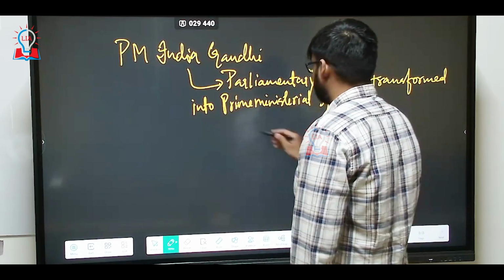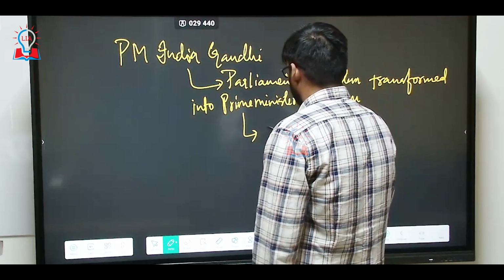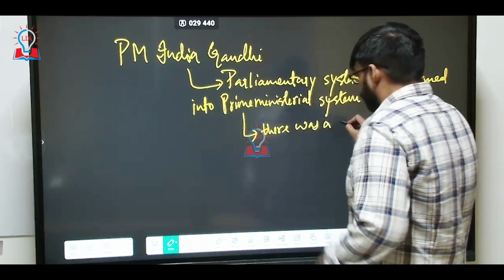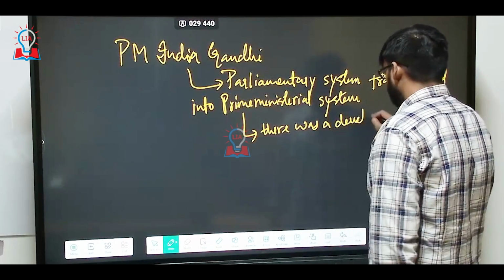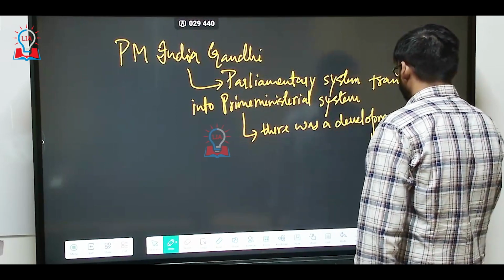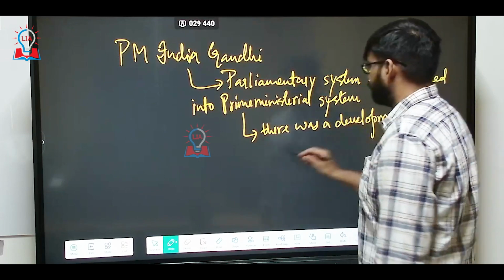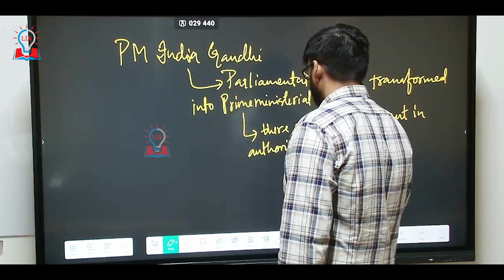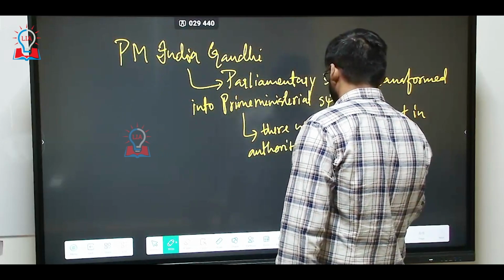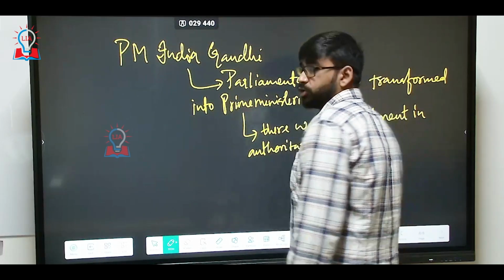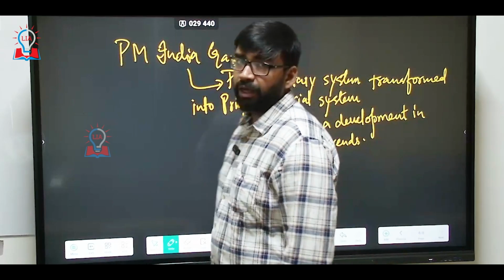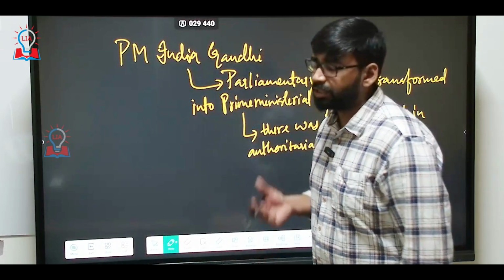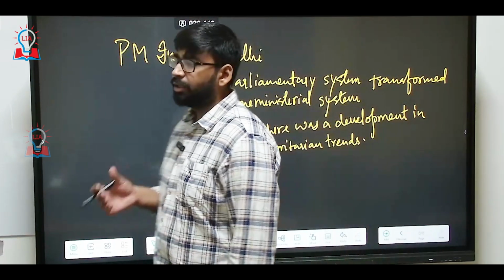That means there was a development in authoritarian trends. This much is clear to all of you. So this is the kind of government during the time period of Indira Gandhi.